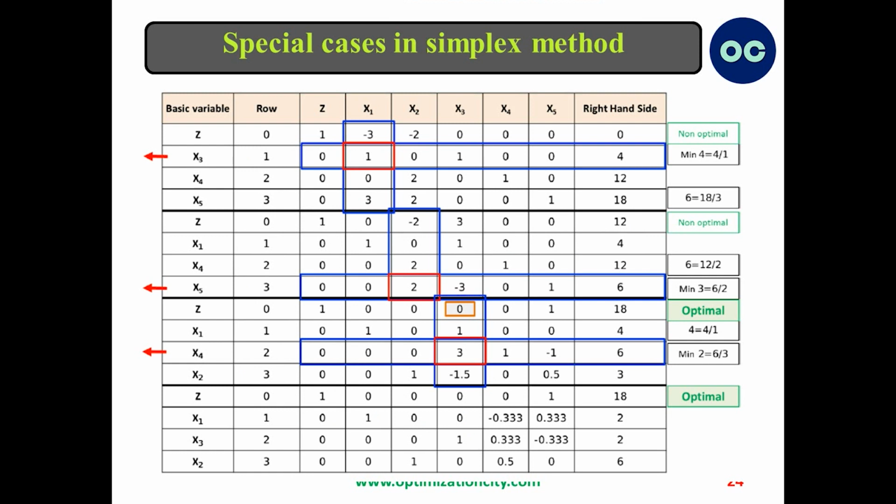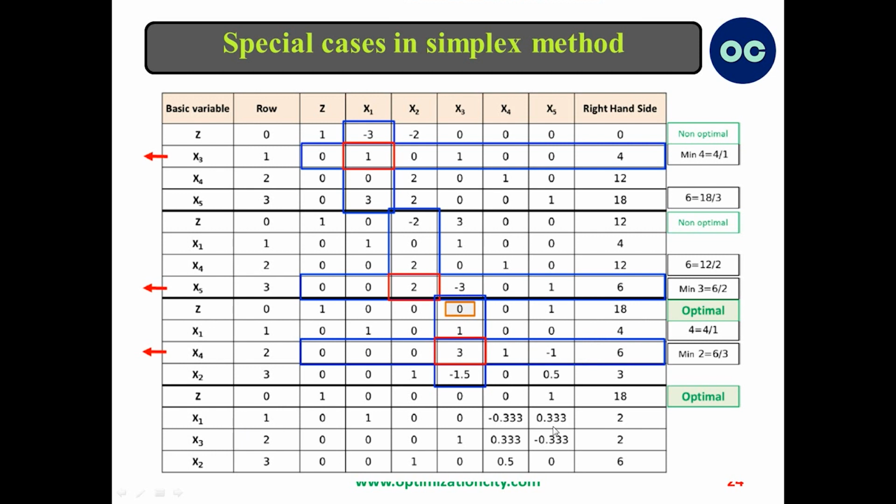So what happened in the simplex method, in the simplex table? As you can see in the table here, the two basic solutions for this table and for this table are the best solution, with the optimal value of z equal to 18. You can see that the terminal condition for the simplex method happened for this table and for this table.